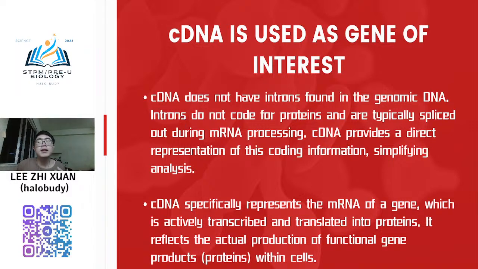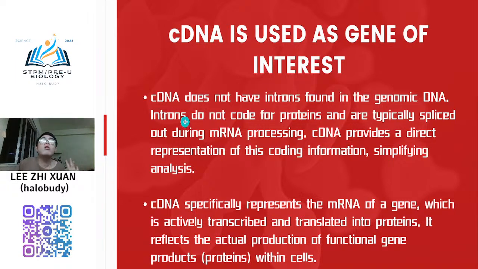If you still remember that you learned in gene expression in the last chapter, chapter 17, about eukaryotic DNA, it contains two regions, right? Either it is intron or exon, right? And actually only exon contains the DNA code that can be expressed to produce the protein.